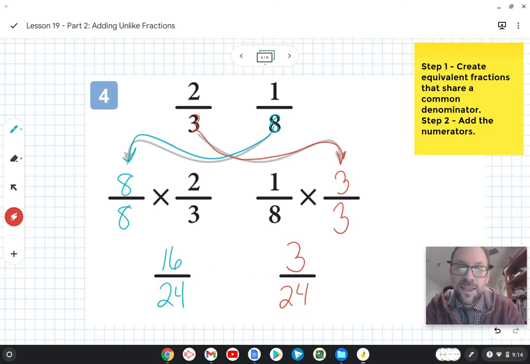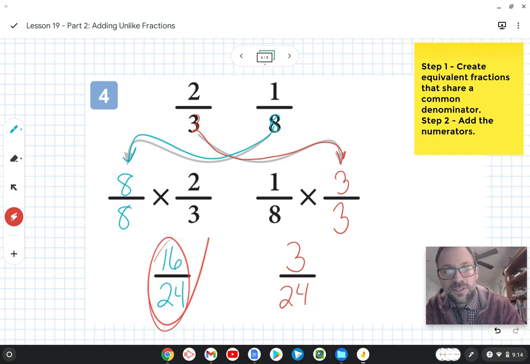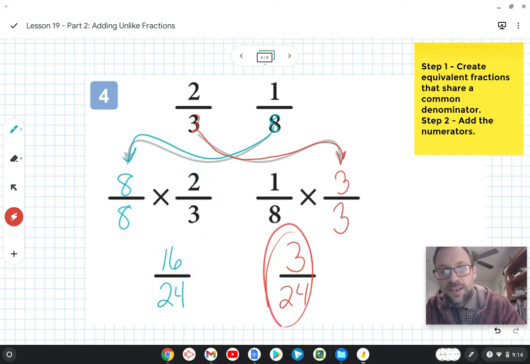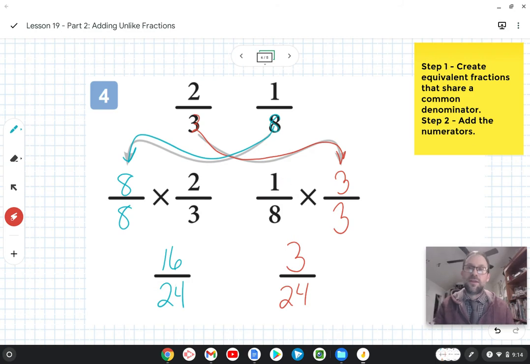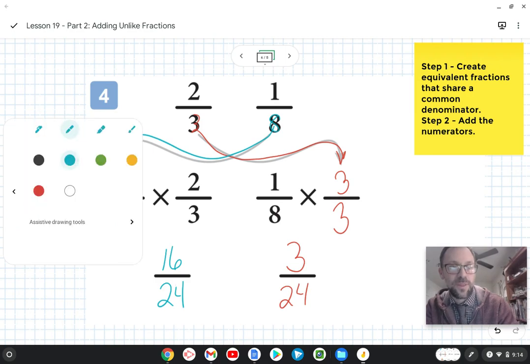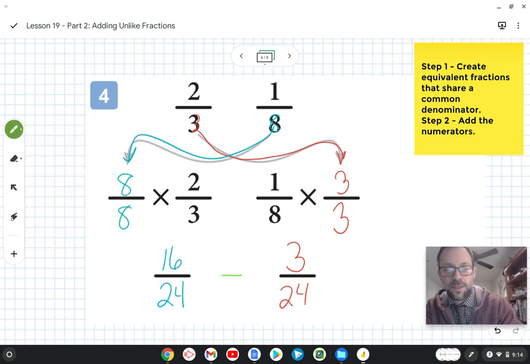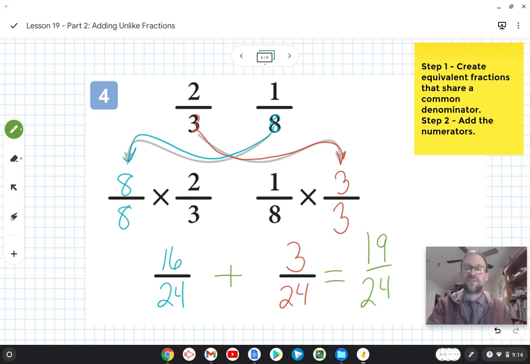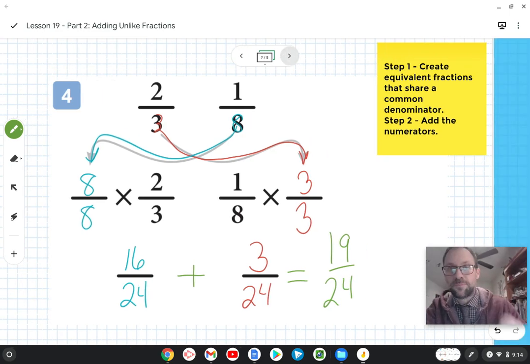It's 24. And 16/24 is equivalent to 2/3, and 3/24 is equivalent to 1/8. We're ready to add. Step 2, let's add our numerators. Here we go. 16/24 plus 3/24 equals 19/24. Let's try one more.